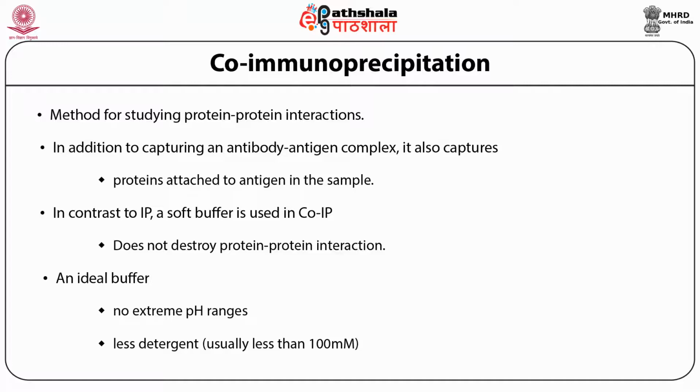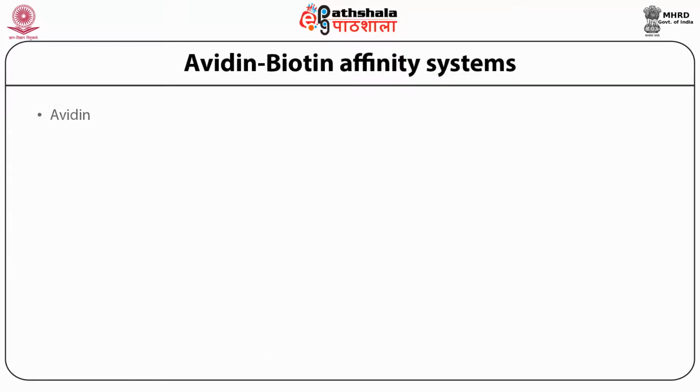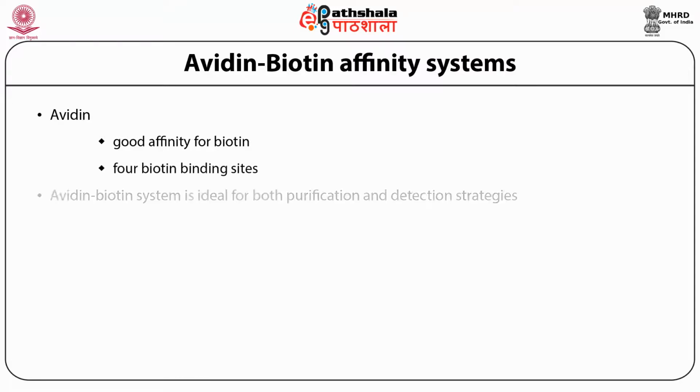Avidin is a protein that has good affinity for biotin. Biotin is a cofactor which is known to have a crucial biological role in eukaryotes. Streptavidin is another protein that binds to biotin. These biotin binding proteins have 4 biotin binding sites, which make their interaction ideal for affinity purification.